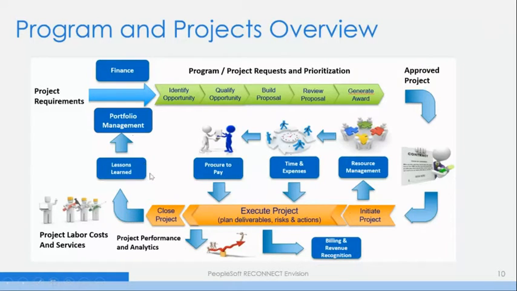And then the life cycle starts all over again. So you're doing lessons learned and essentially managing your portfolio of projects. Again, back to the beginning, where your projects are getting approved and flowing in to the portfolio. So this is a really good slide depicting the end-to-end process.